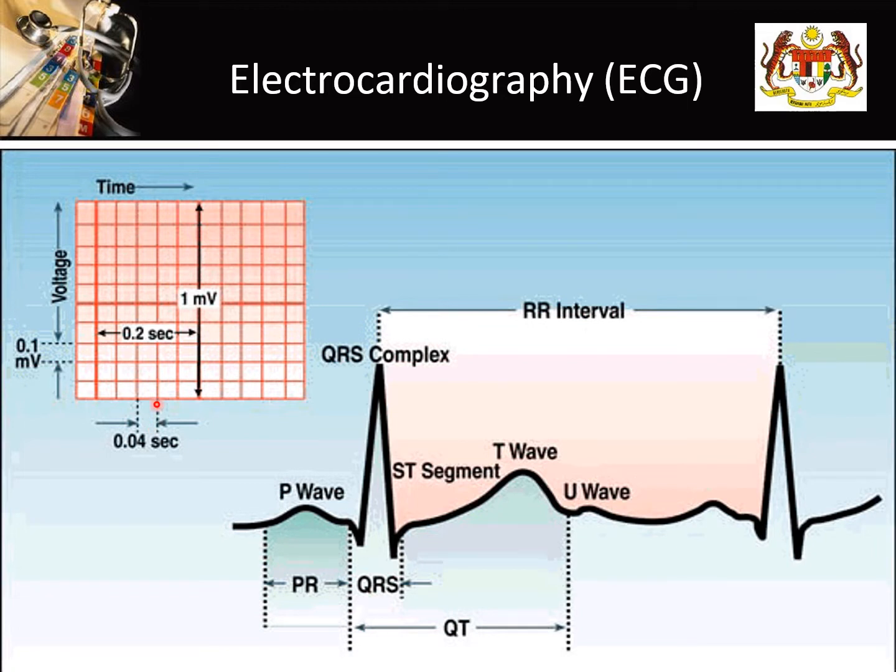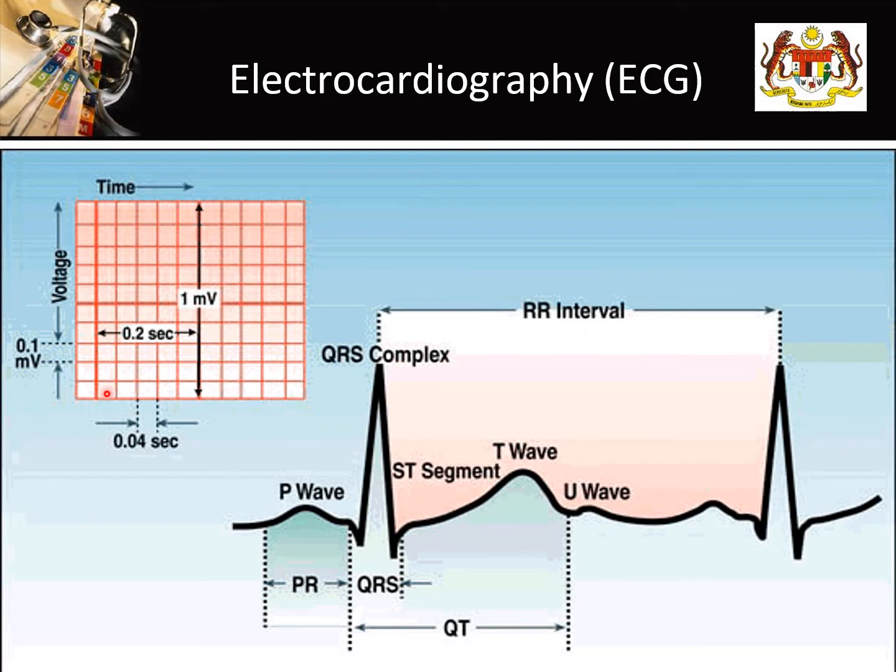ECG paper, or electrocardiogram. On ECG paper, we have big boxes and small boxes. One big box contains 5 small boxes on the x-axis and 5 small boxes on the y-axis.